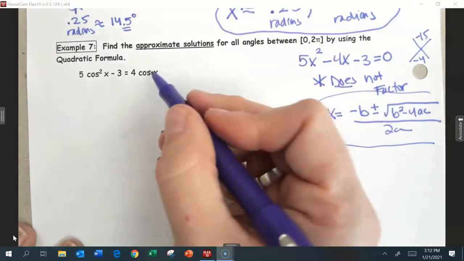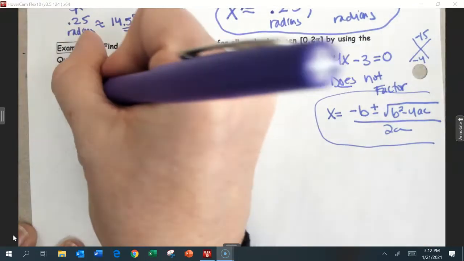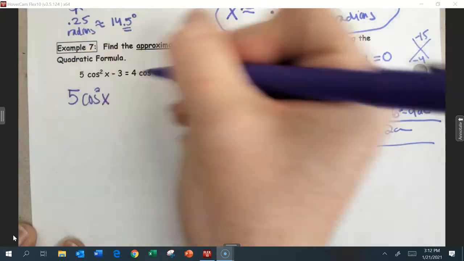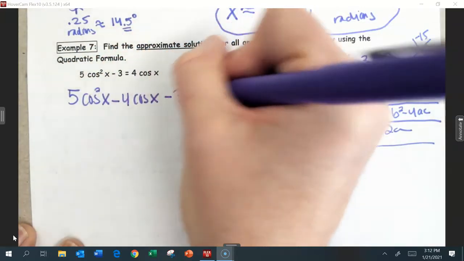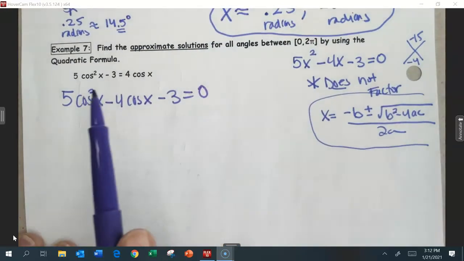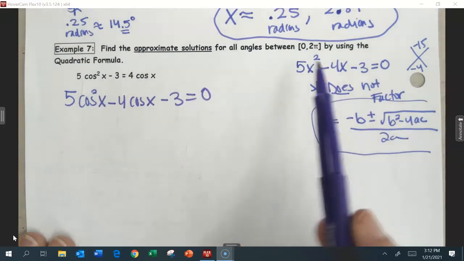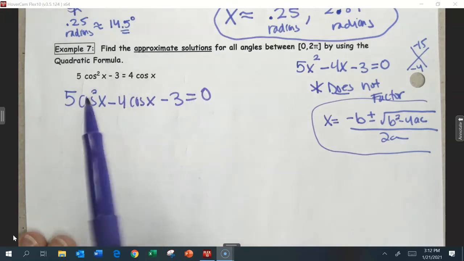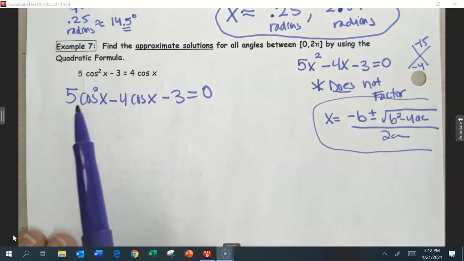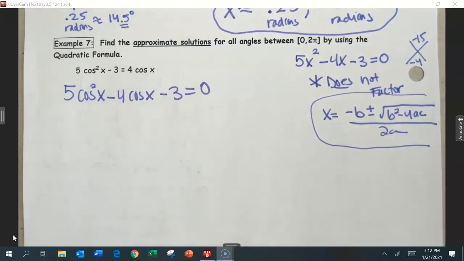So if I would move this over, I have 5 cosine squared of x minus 4 cosine of x minus 3. And remember, I know this is not the same, but you can see if this isn't going to factor, well then I'm going to do the same thing here. This is not going to factor. So this is why our only option really is to use that quadratic formula.